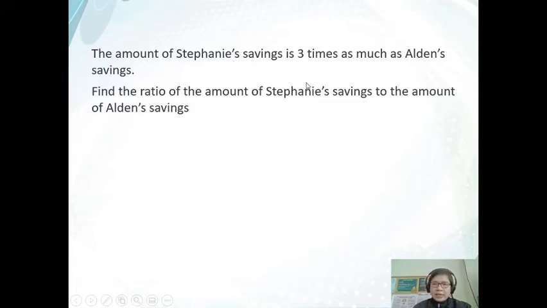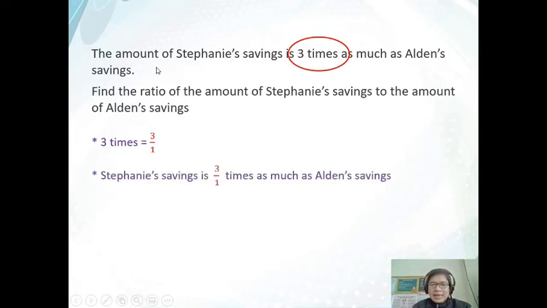As you know, the 3 times over here we can write as a fraction. We can write a whole number as a fraction, right? So if we have a whole number 3 times, we can write it as 3/1. So the first sentence, we can rewrite it into a fraction: Stephanie's saving is 3/1 times as much as Alden's saving.